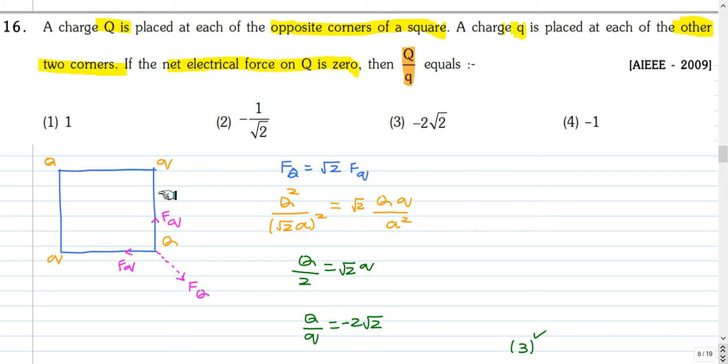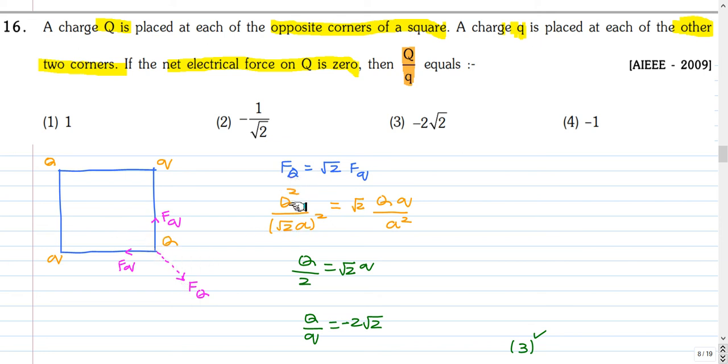And the force due to small q will be in this direction and in this direction, since there are two small q's. So the resultant of these two forces F_q, which are separated by 90 degrees, will be root 2 F_q along the bisector. That will be making 45 degrees and will be in the direction opposite to this capital F_Q. So F_Q should balance root 2 F_q.